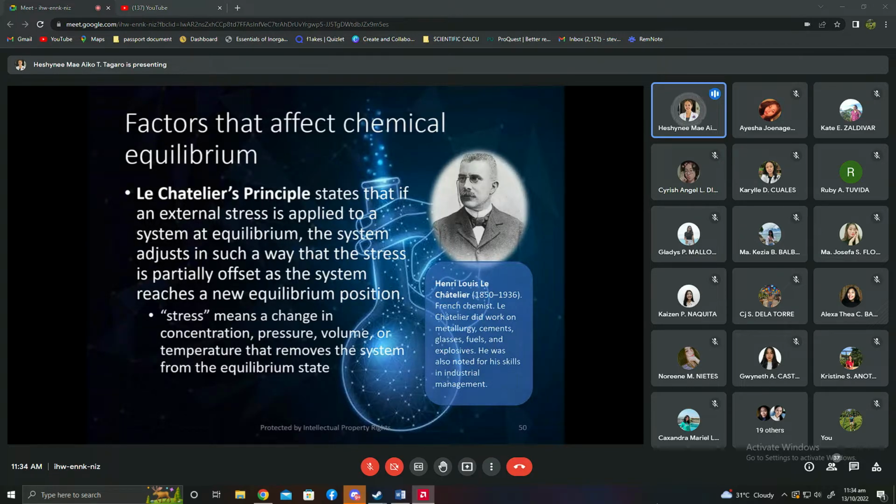The word stress here means a change in concentration, pressure, volume, or temperature that removes the system from the equilibrium state. Simply speaking, when a chemical system at equilibrium is disturbed, it returns to equilibrium by counteracting the disturbance.